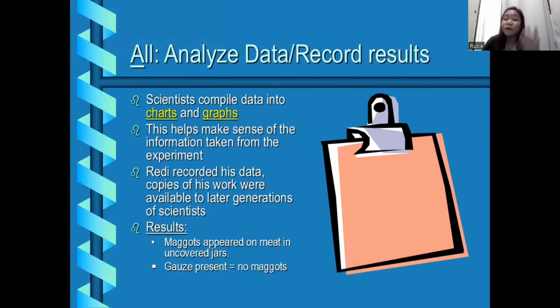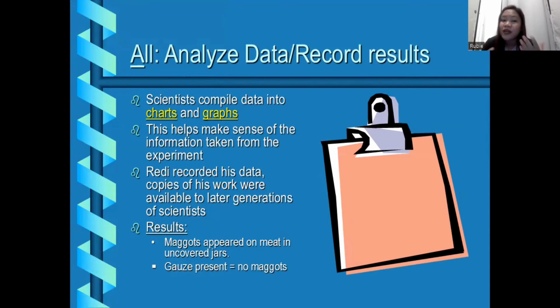After doing the experiment, he will now analyze the data and record results. It is very important, Nate, that scientists compile data into charts and graphs, because one characteristic of a scientist is being organized. As a scientist, you should be organized because this helps make sense of the information taken from the experiment. So what did Redi do? You're right. Redi recorded his data.